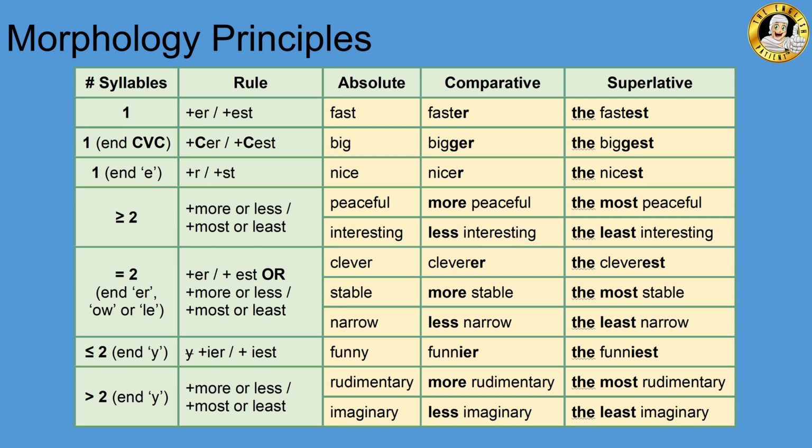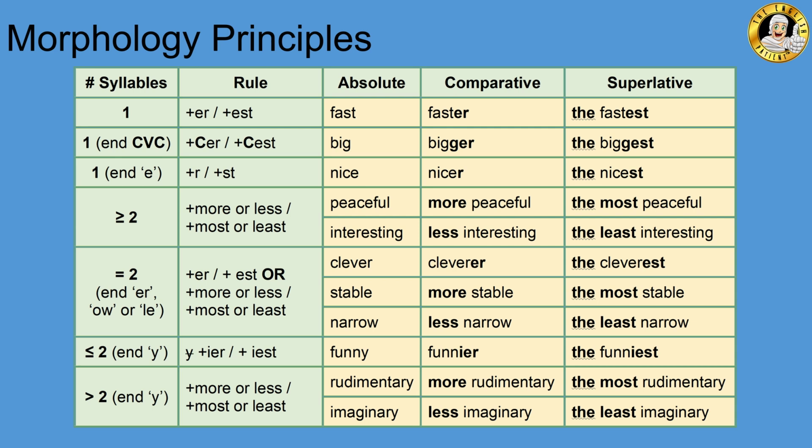For example, peaceful has 2 syllables there, so we could say more peaceful or less peaceful, or the most peaceful or the least peaceful. And then for interesting, we would say less or more interesting, and the most or the least interesting.